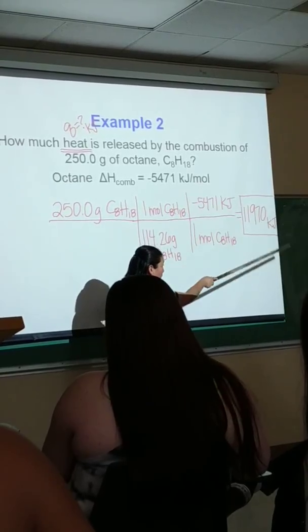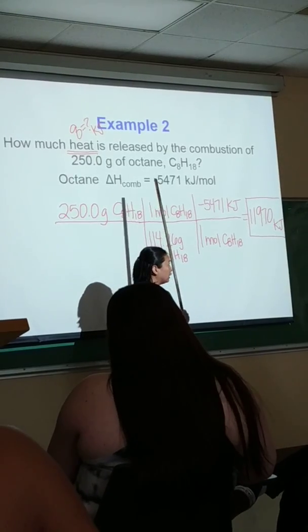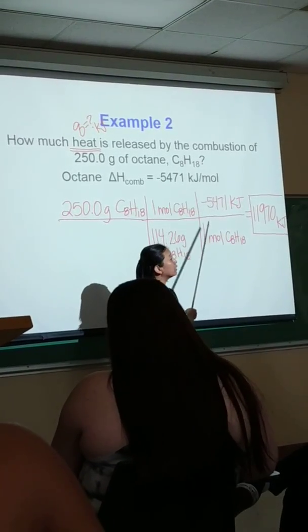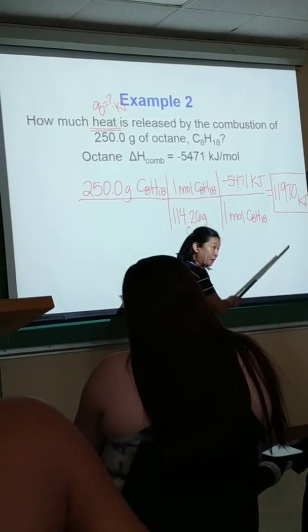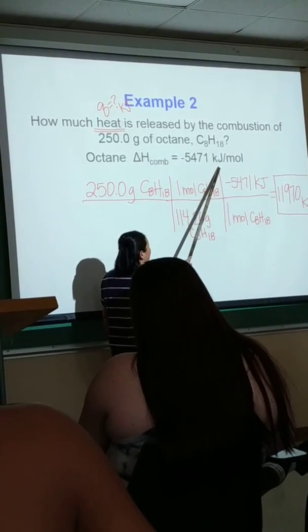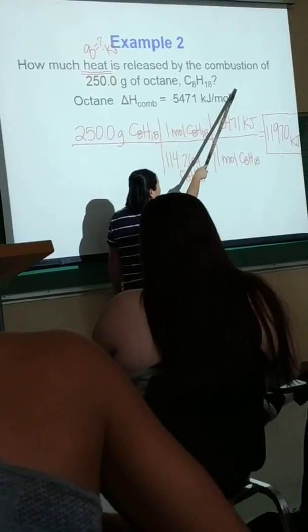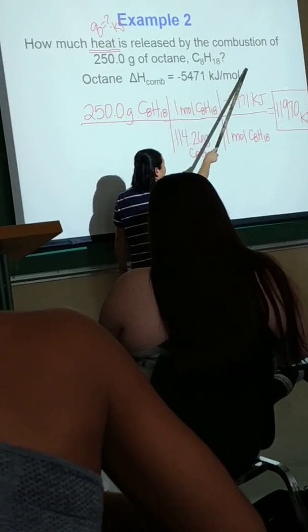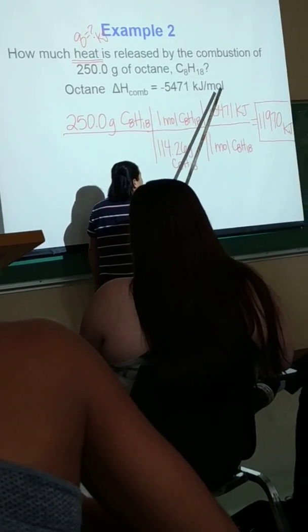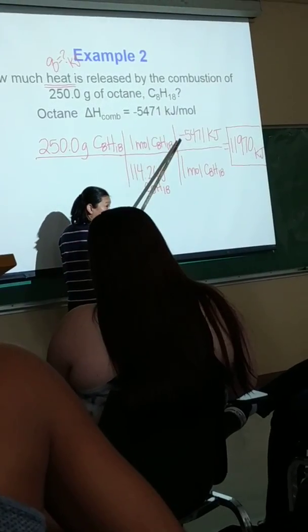Just remember, the one before we used kilojoules per Celsius degree per gram. But here is per mole. Okay? If you want to cancel out this unit, please convert your gram into mole.